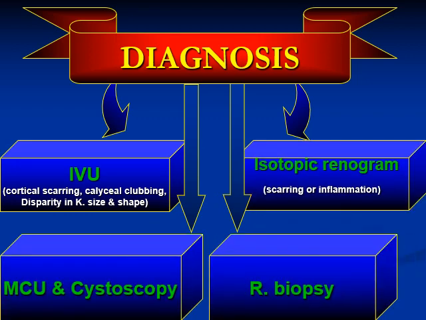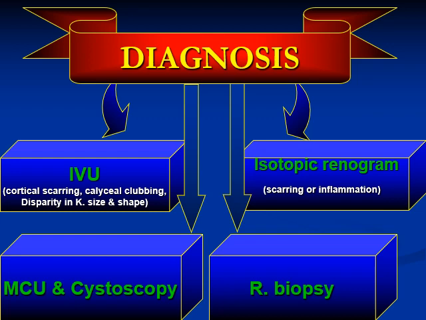The diagnosis of reflux nephropathy is achieved via intravenous urography, which shows a disparity in the kidney size and shape with cortical scarring and calyceal clubbing. Another method for the diagnosis is the isotopic renogram, the DMSA scan, which shows scarring or inflammation. Other methods include micturating cystourethrography and cystoscopy.